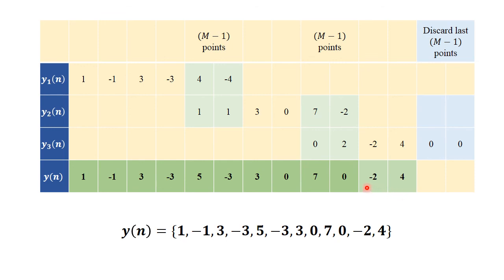So that's why the color of the box has been changed. You can make an observation over here. So in most of the cases those two values will be kept as it is as the answer, but in few cases, in order to match the sequence length with that of the input, these two may be dropped. But anyhow, in this case I am going to keep those two values as the final answer itself.